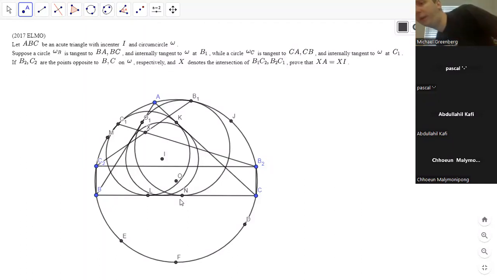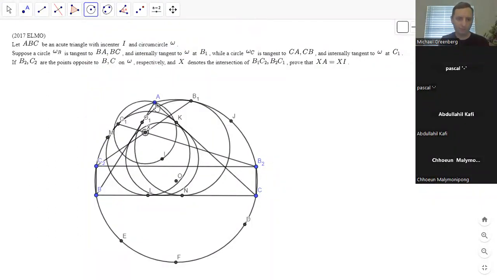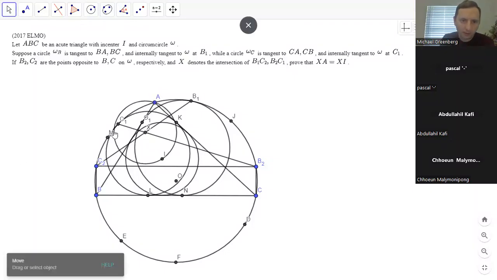All right, thanks for waiting. So yeah, this is a really weird problem. Let's see if there's anything special about the circle. Does it pass through? No, I don't think so.